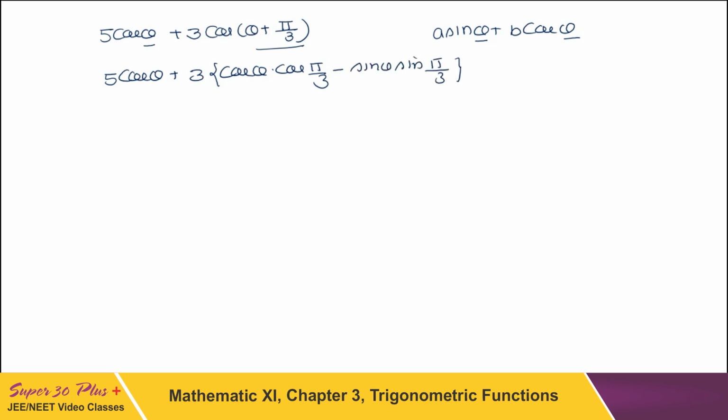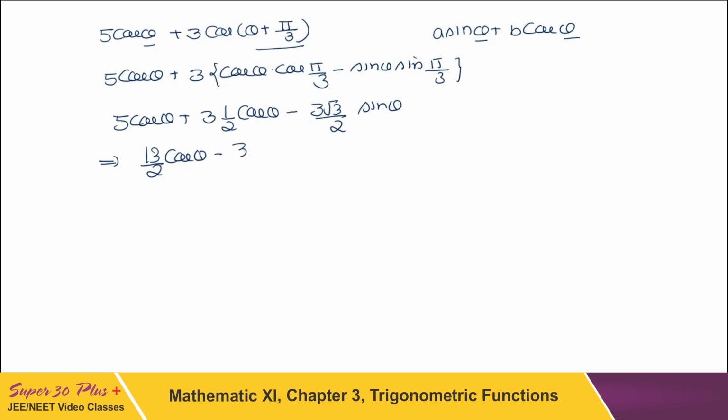The value of cos pi/3 is 1/2 and sin pi/3 is root 3/2. So it is 5 cos theta plus 3 into 1/2 cos theta minus 3 root 3/2 sin theta.